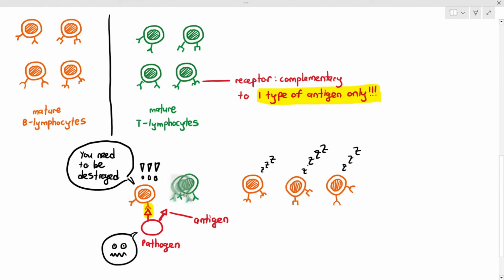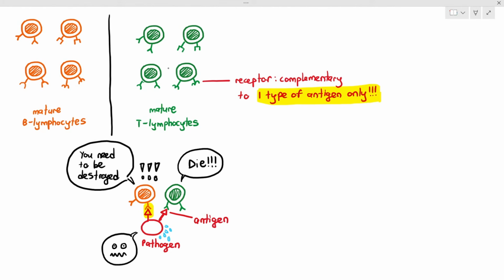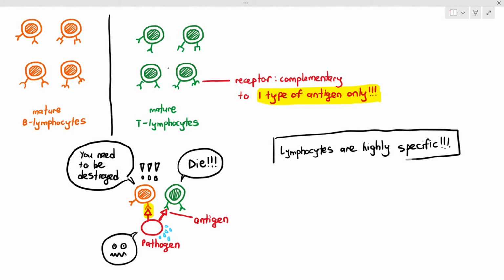And the same thing happens with the T lymphocytes as well. The T lymphocytes have receptors and they are only complementary to one type of antigen. That's the first important thing that you have to understand about lymphocytes. They are highly specific, all right? They only respond to a specific type of antigen, all right? So that's the first thing that we have to know.